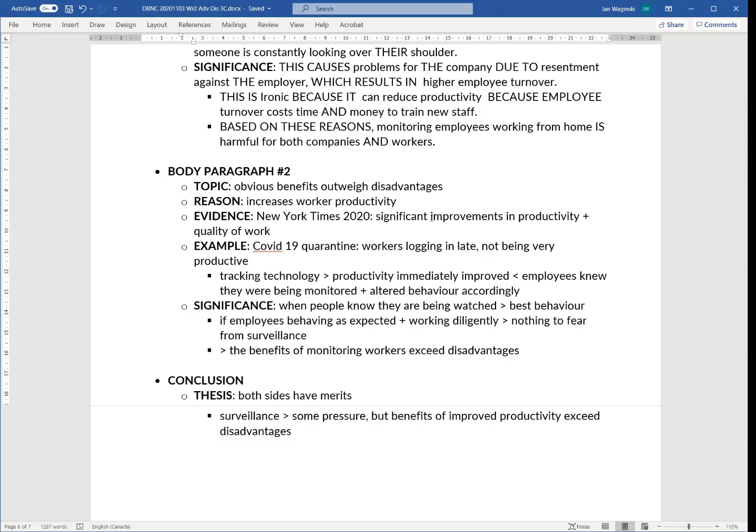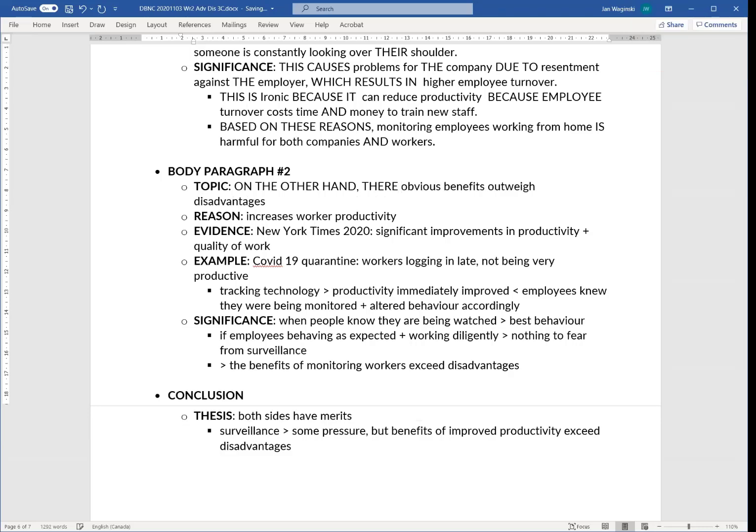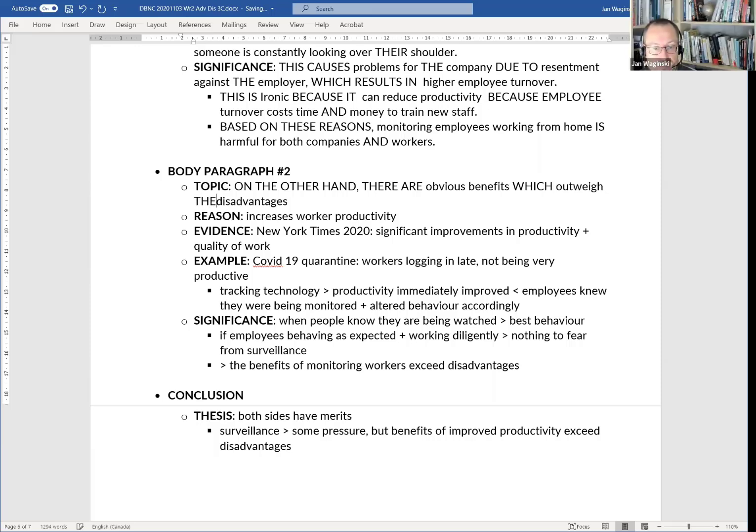On the other hand, there is always benefit which outweighs the disadvantages. I don't know about always. I would just say much simpler construction there. There are obvious benefits which outweigh the disadvantages. Good.